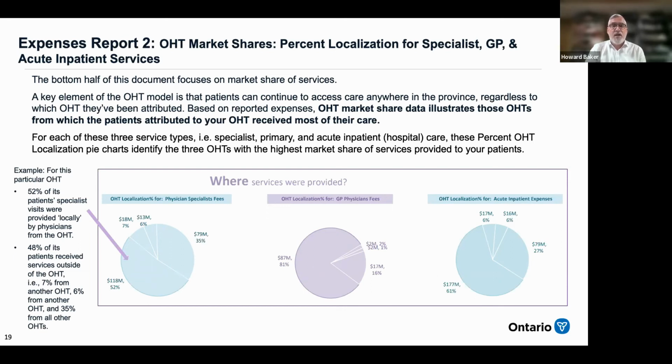So each of these pie charts shows you your market share, and then the top 3 OHT market shares, and then the rest. So when you're looking at these charts, it's neither a good sign nor a bad sign that your attributed patients are accessing care at other OHTs, because as I said, patients are allowed to access care anywhere in the province, regardless of which OHT they belong to.